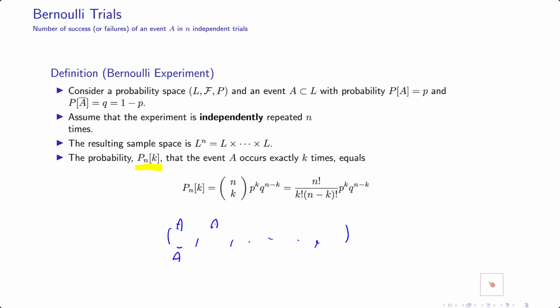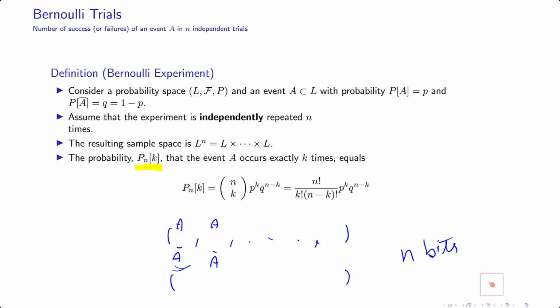Here you get A or A bar, etc. So if for A you put 1 and for A bar you put 0, it's like you have a number which has n bits. It has n digits, and the first digit represents whether in the first experiment you had A or not.